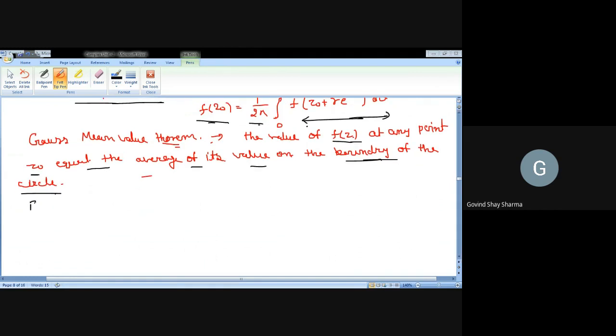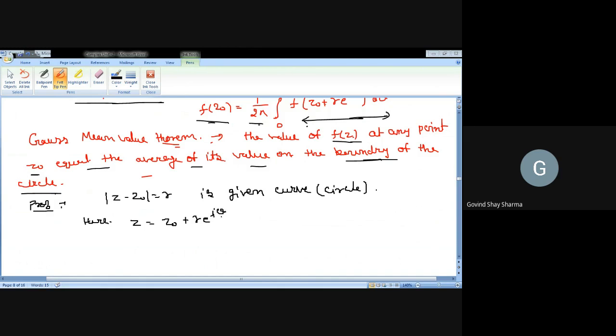We know that the given curve or given circle is z equal to z0 plus r e to the power i theta. So dz is equal to r i e to the power i theta.